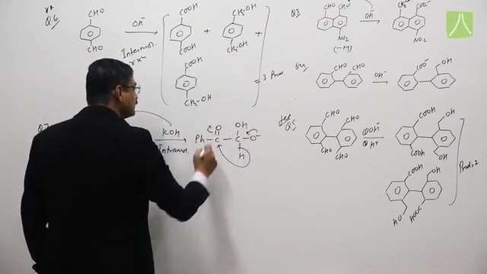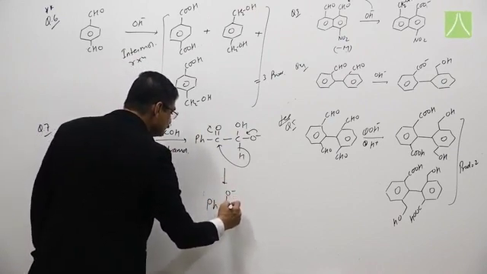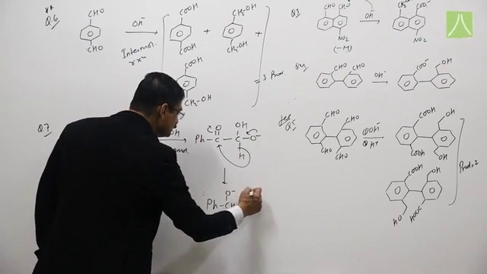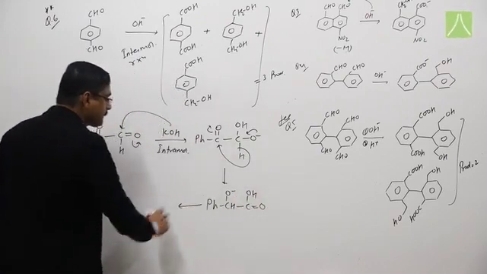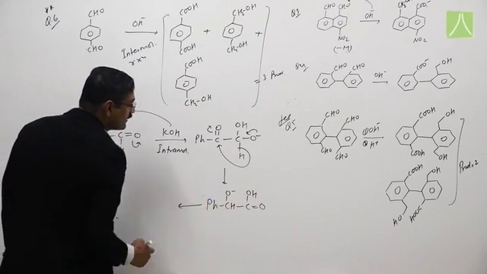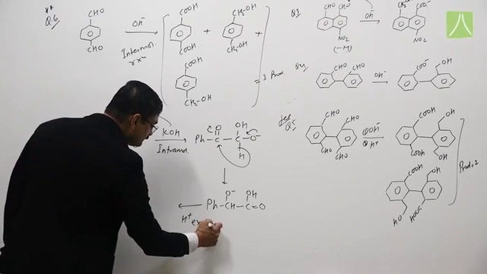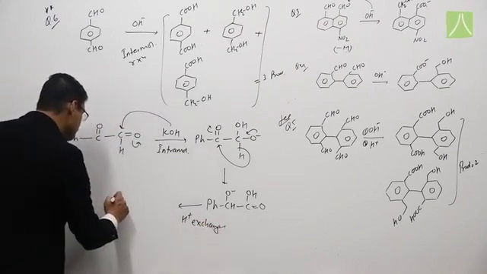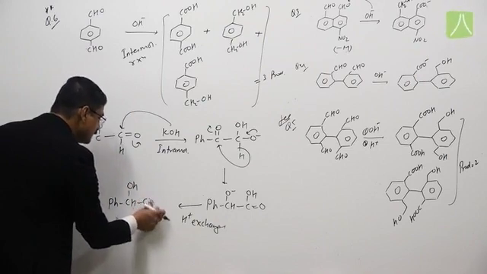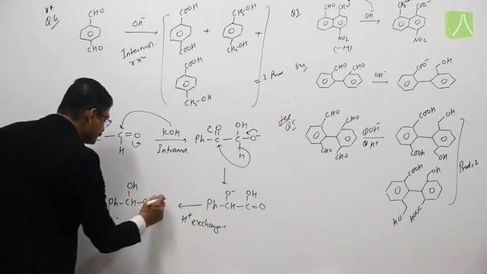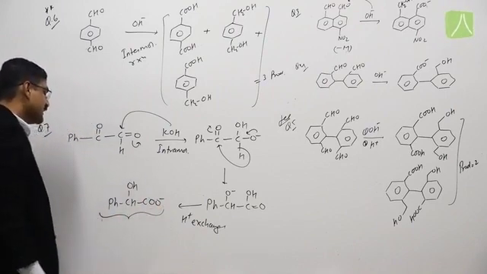Then formation of the pi bond. The second one is reduced into alcohol, then after H plus exchange it is converted into PhCHOH COOH. This is the final product. This is known as mandelic acid salt.